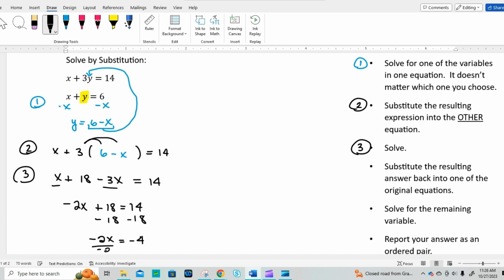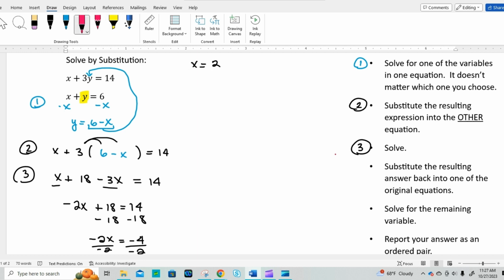I divide by negative 2, and I get x is equal to 2. Okay, so now I've solved, I've got one result.